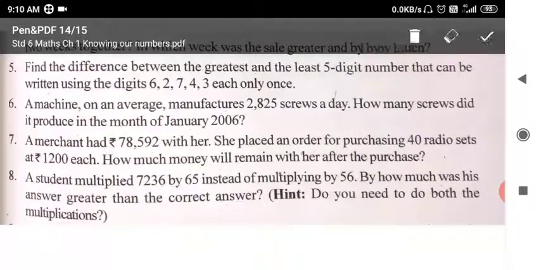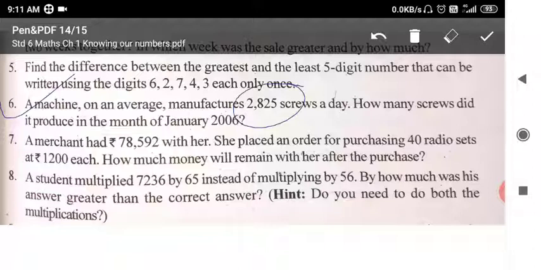Question number 6. A machine on an average manufactures 2825 screws a day. How many screws did it produce in the month of January 2006?